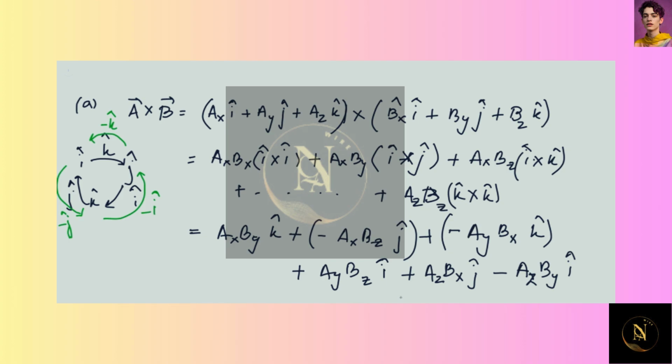Now we can simplify this expression a little bit. So we get A cross B to be equal to AYBZ minus AZBY. This is the i component.